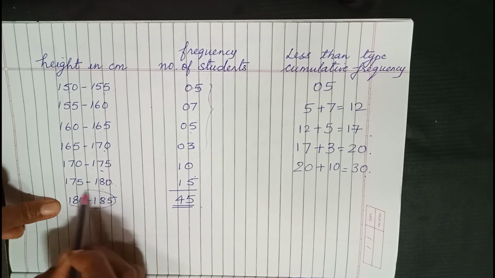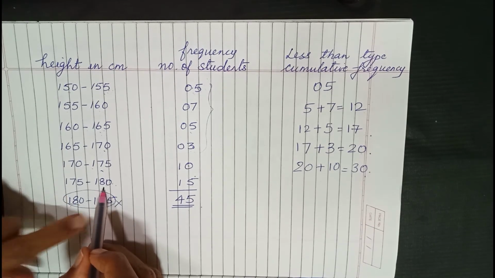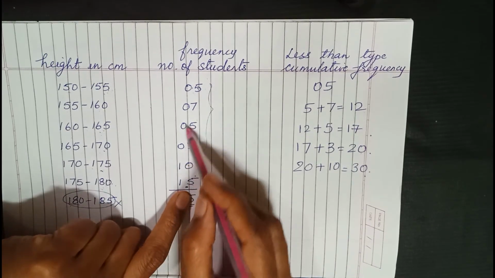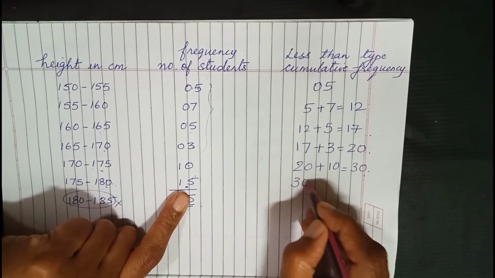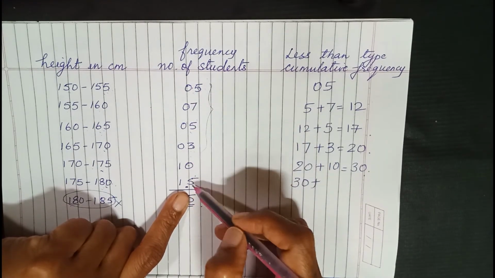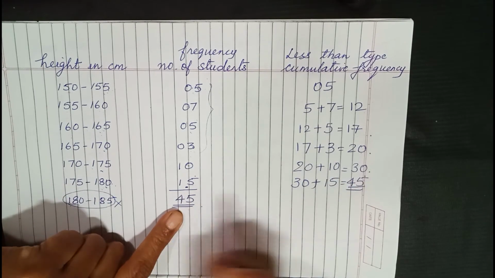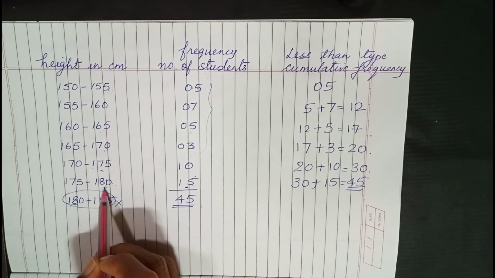And since we don't have this class, it means that there is no student whose height is equal to 180. That means these 15 students plus all the earlier ones are definitely less than 180. So we have 30 from the previous classes and 15 from the present class, and we get the total frequency. That is, all 45 students are less than 180.